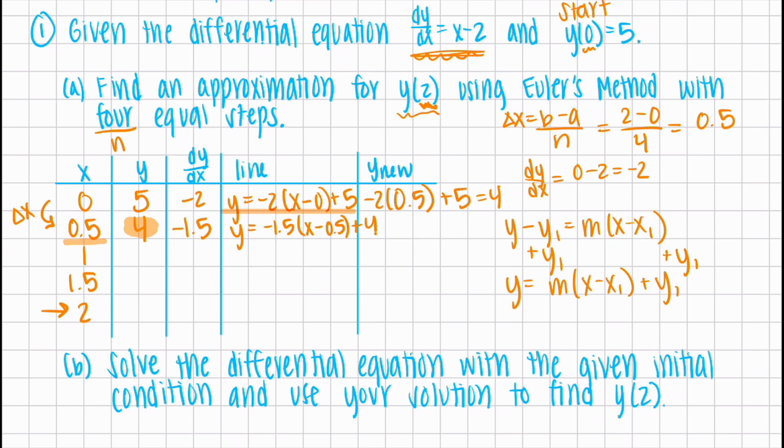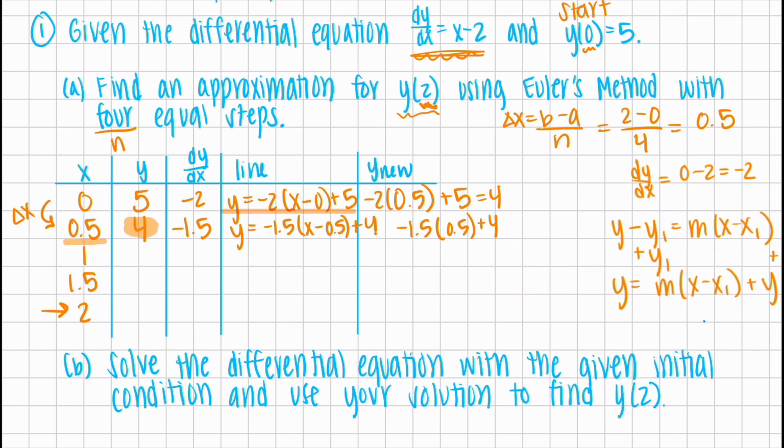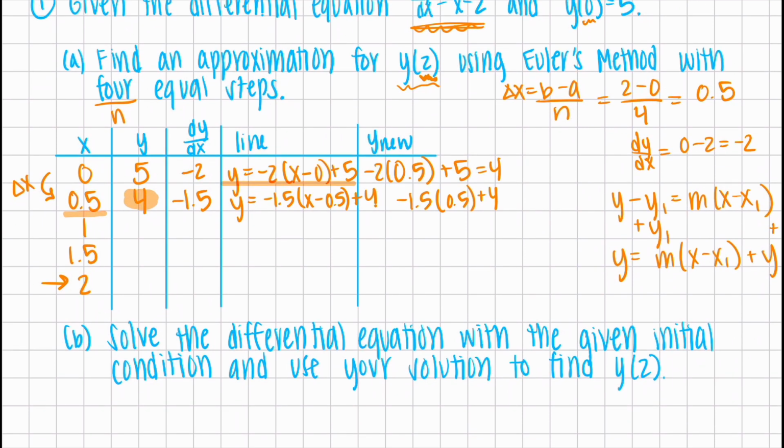I'm running out of room here. So I'm going to get negative 1.5 times 1 minus 0.5, which is 0.5, plus 4. I'm going to move some of my stuff over. Okay, when I simplify this, I get 3.25.